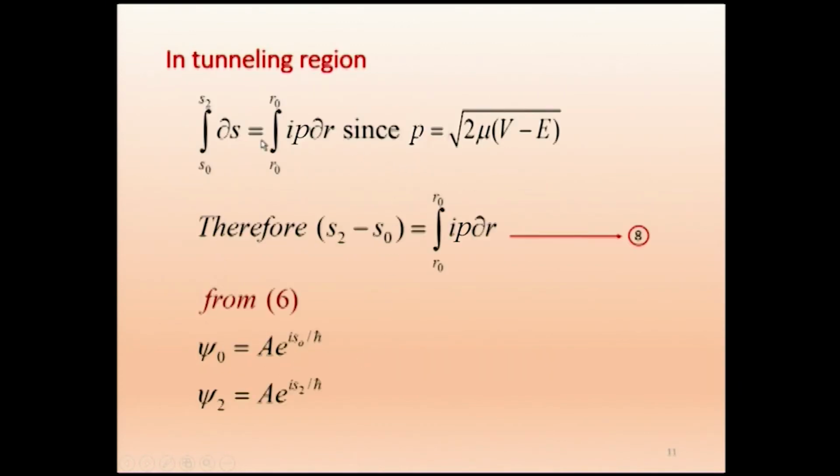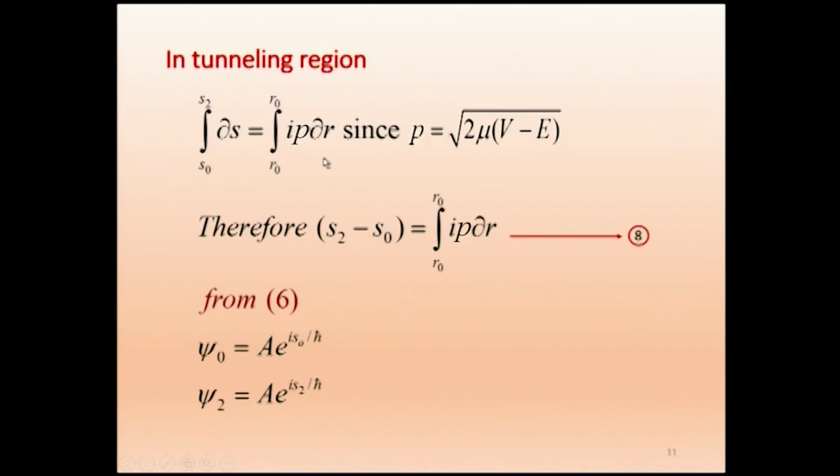So dou s by dou r is equal to the integral of i P dou r. We are giving the explanation for why that i comes, since P equals the square root of 2 mu (V minus E). Therefore this part I can write as S2 minus S0 equal to the integral of i P dou r.